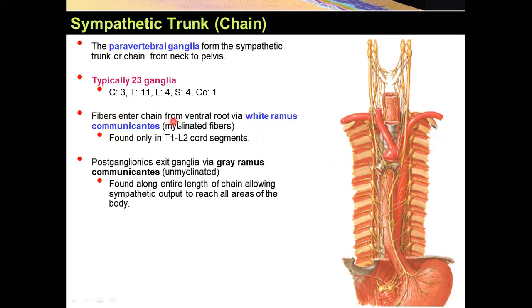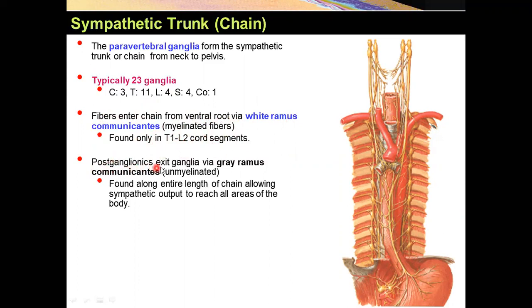Fibers enter the chain from the ventral root via white ramus communicans, which are myelinated fibers, and found only in T1 to L2 spinal segments.